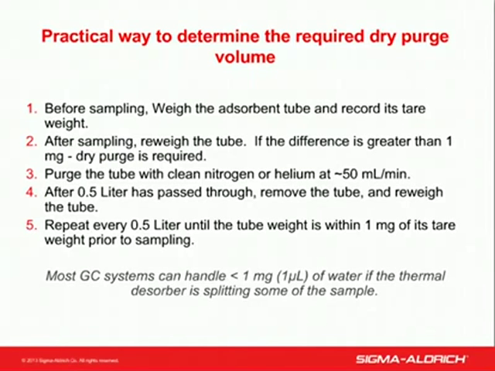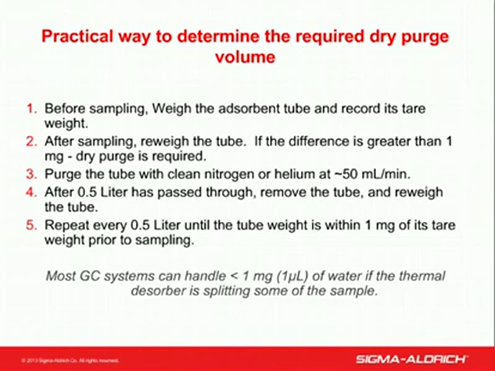So here are some practical ways to determine the required dry purge volume. Prior to sampling, we'd weigh the adsorbent tube and record its tare weight. After sampling, we'd reweigh the tube. If the difference is greater than 1 milligram, then dry purge is required. So then we'd purge the tube with clean nitrogen or helium at around 50 mL per minute. After half a liter had passed through the tube, we'd remove it and reweigh the tube.